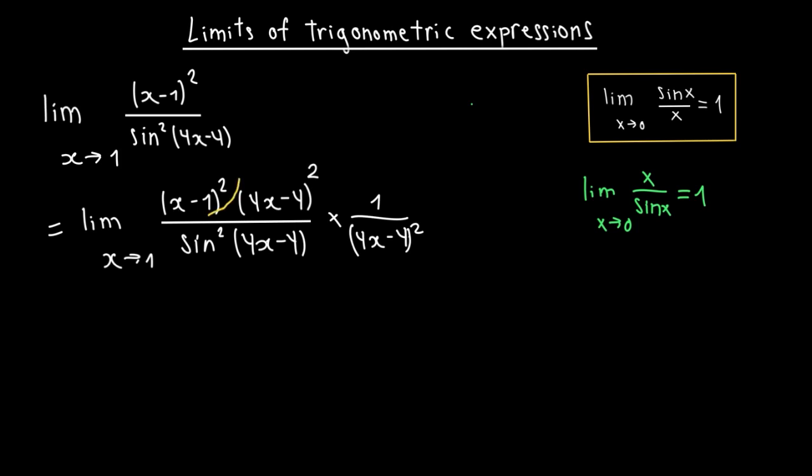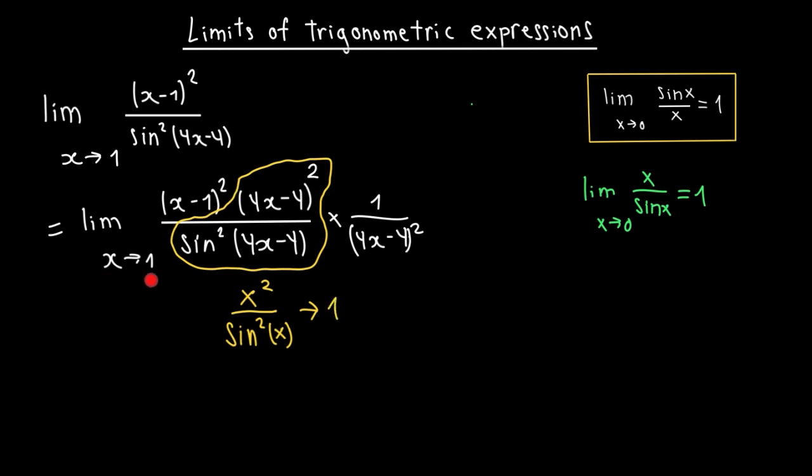In other words, this part of the expression is actually equivalent to big X squared divided by sine squared of big X, which as big X tends towards 0 tends towards 1. And big X tends towards 0 because, remember, small x tends towards 1 and 4x minus 4 therefore tends towards 0. And so we can use this limit to solve this. I've written down what I just said over here.